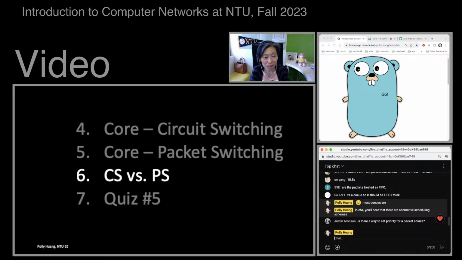So bear with me. It will take us some time until towards the end of the semester you hear about these different queuing policies. Justin, is there a way to set priority? Hey, Justin, yes, there is. In fact, later, I think in chapter 4 again, you will see that each packet has 2 parts. There's the header and then the body. The body is where the real data from the end users goes, whatever we type up.